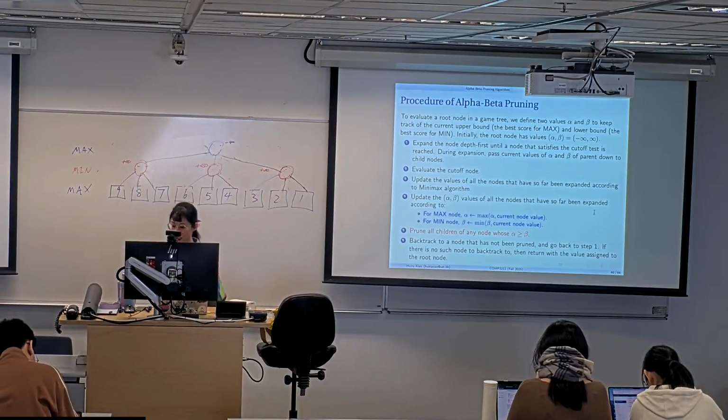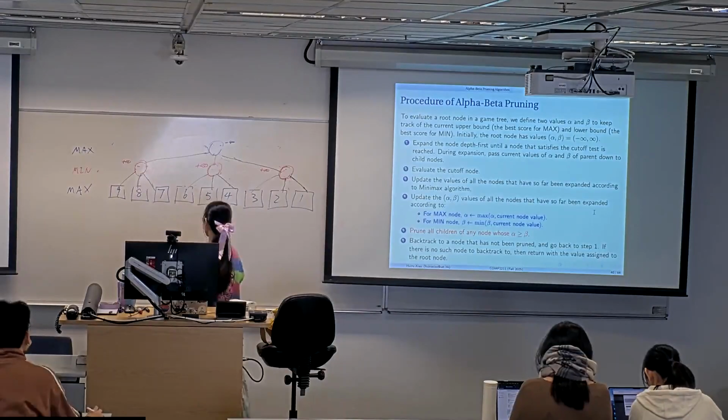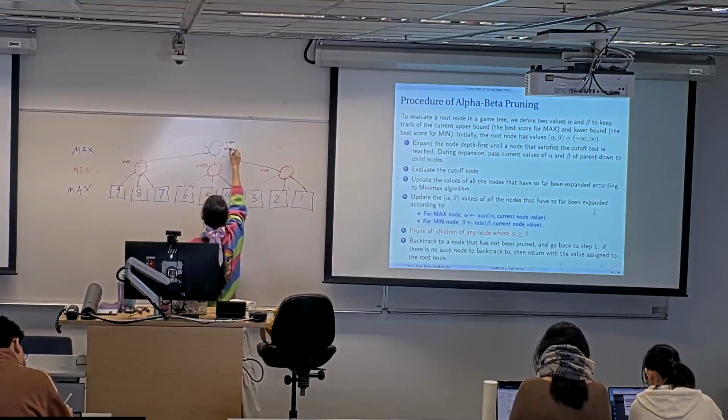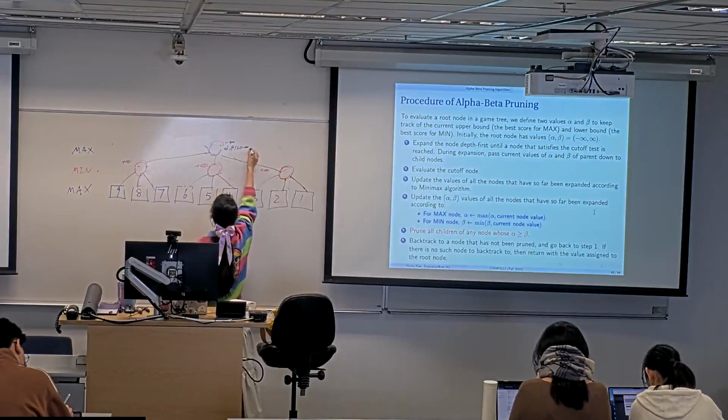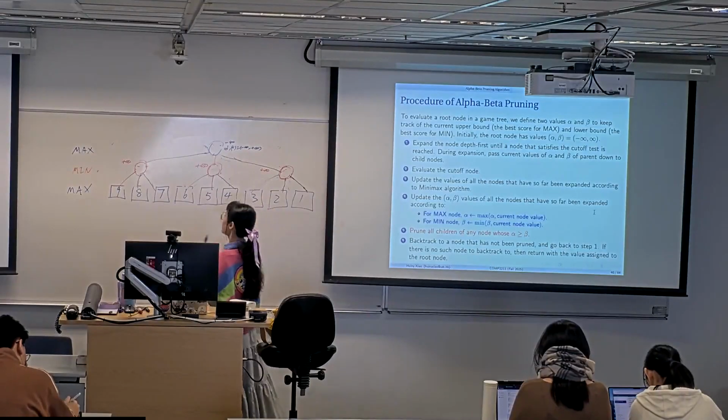Next we need to initialize alpha and beta values. Initially they are only initialized for the root node. So for this root node, alpha and beta are initialized as negative infinity and positive infinity.